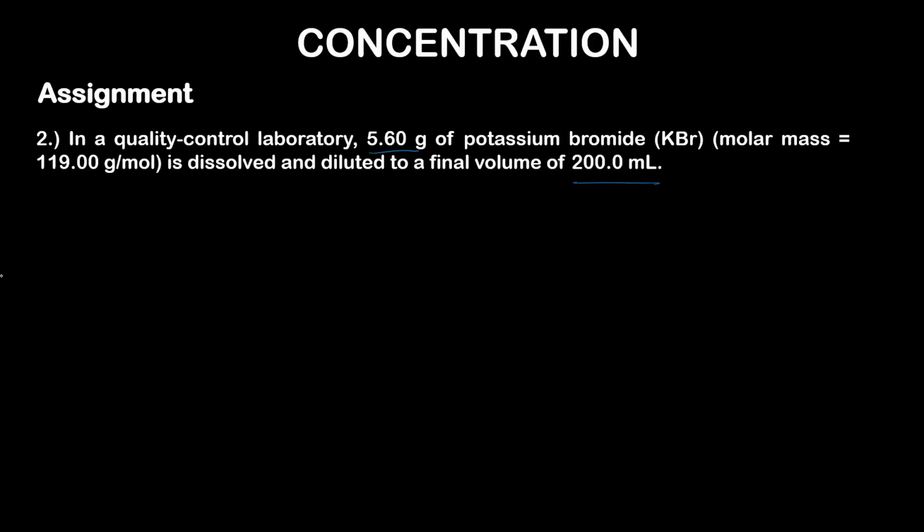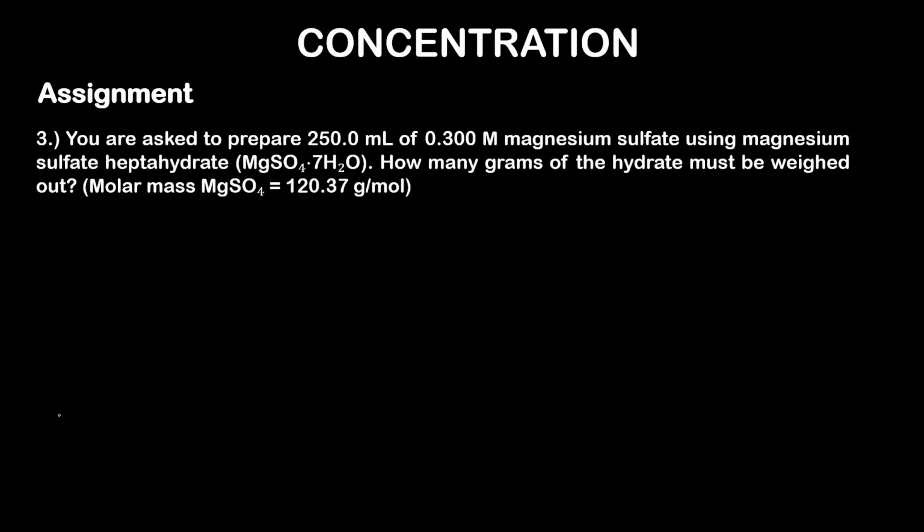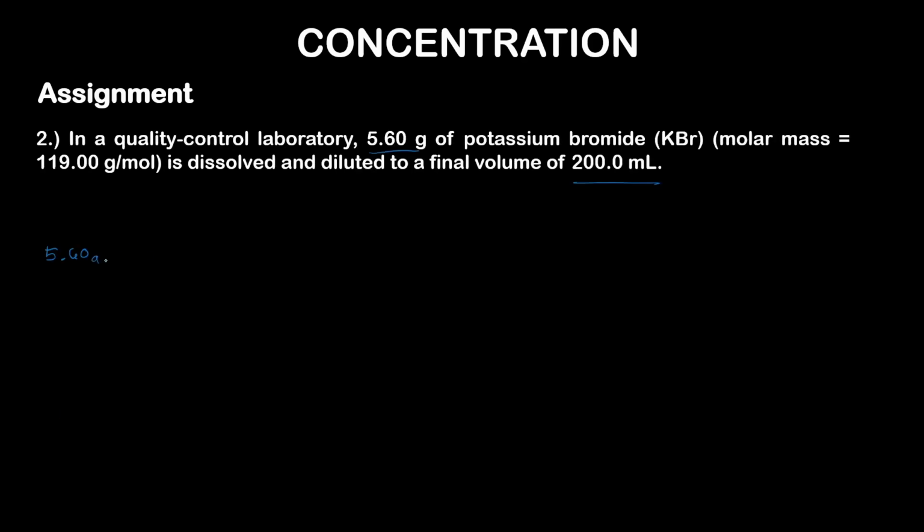So let's start with the grams as usual. 5.60 grams of potassium bromide. We were given the molar mass of potassium bromide, which is 119 grams per mole, so 1 mole of KBr is 119 grams. If it is not given, you must check the periodic table.